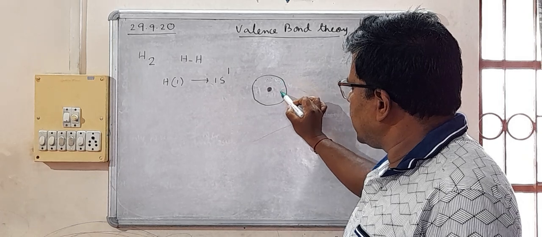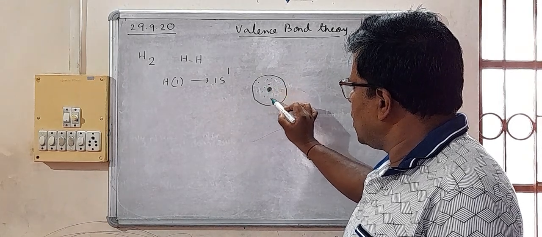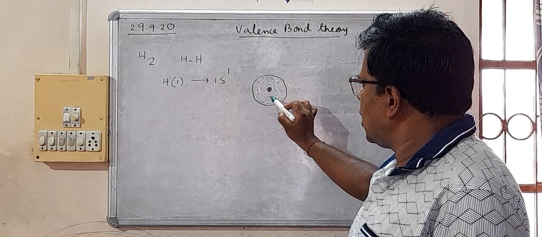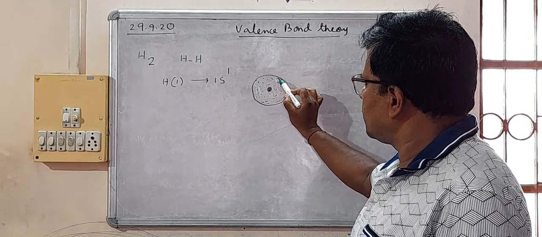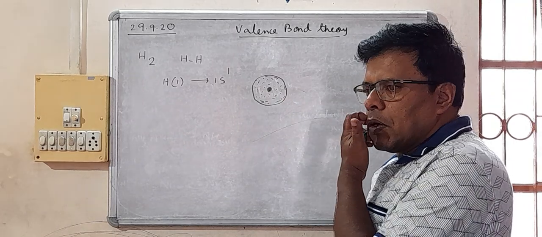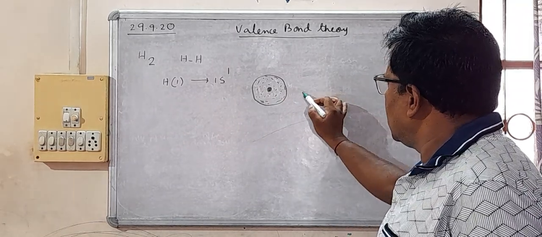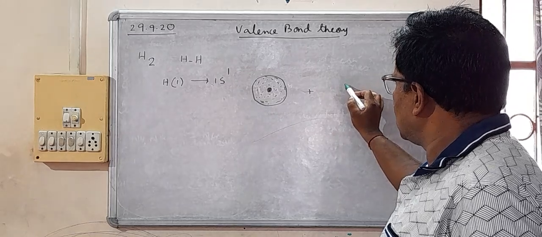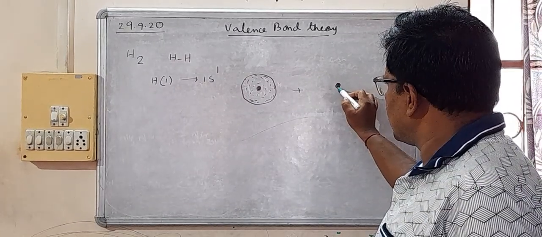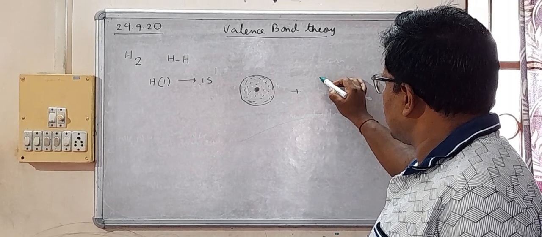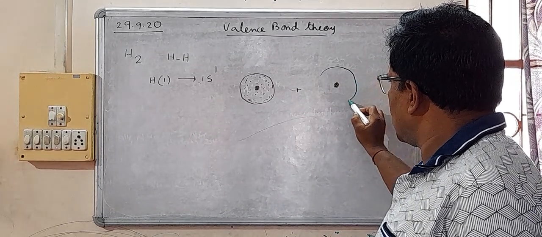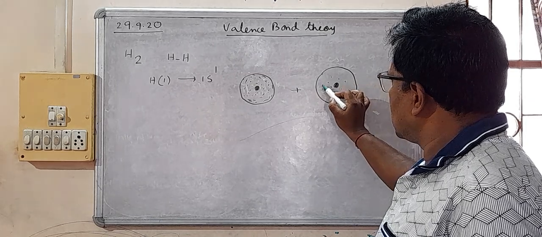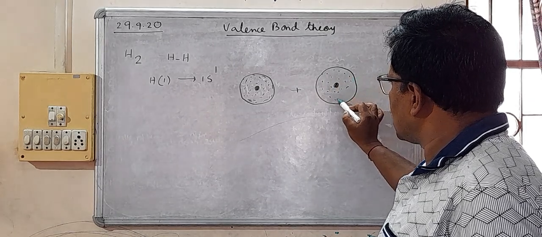These dots are telling us the probability of finding electron. Then there is another atom of hydrogen, so its nucleus, and this is its 1s orbital. It is also half filled.